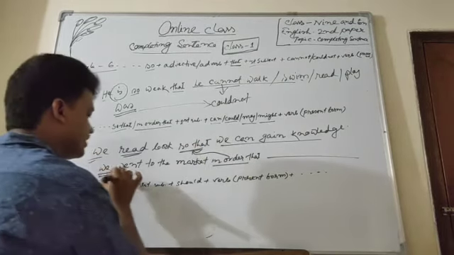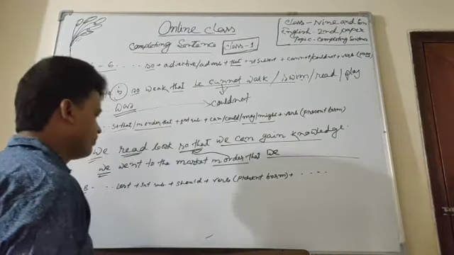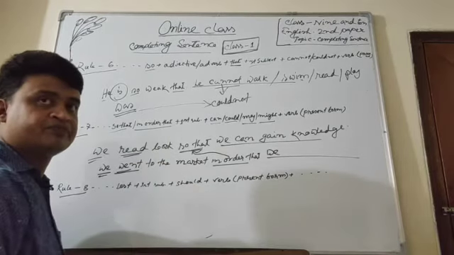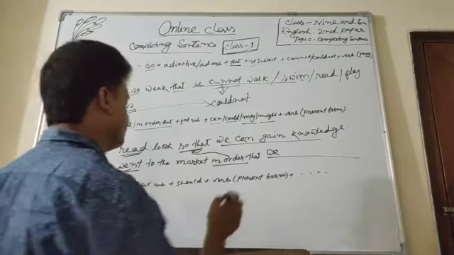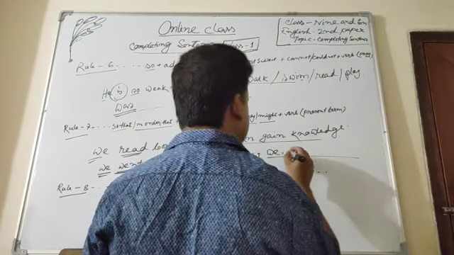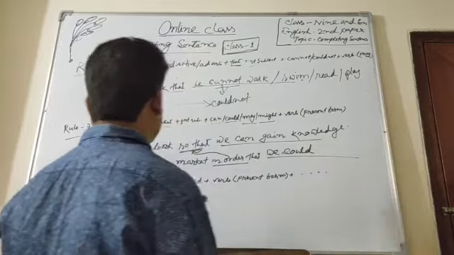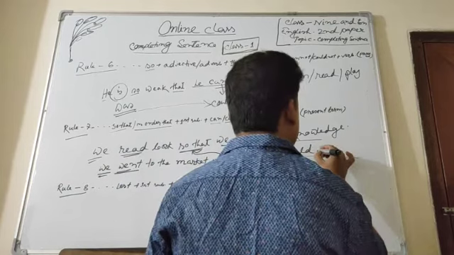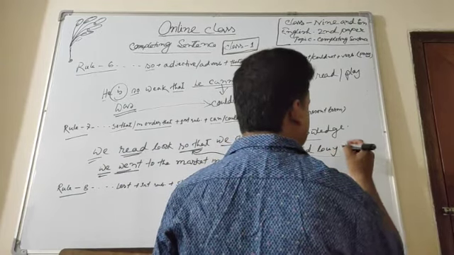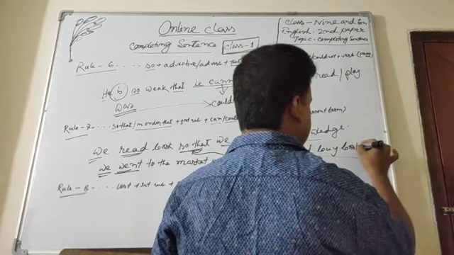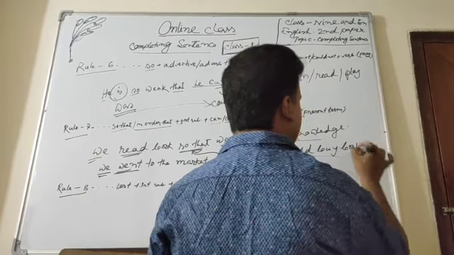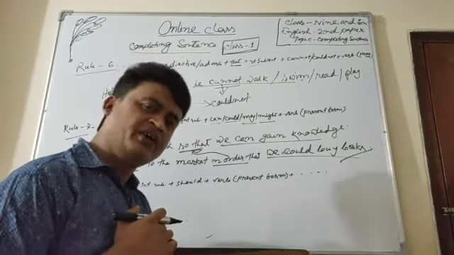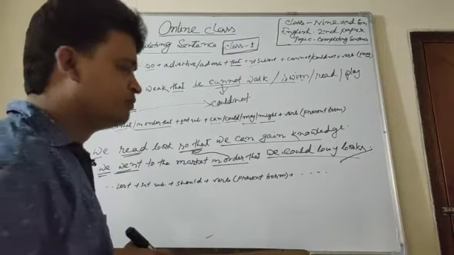So I should use the first subject, and then it is the past form of go. So I should use here "could". We could. We went to the market in order that we could buy books or a book or a pencil or a pen. Okay, my dear students, try to understand.